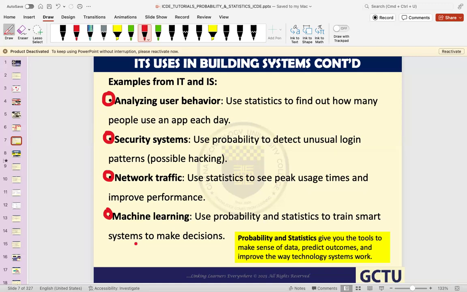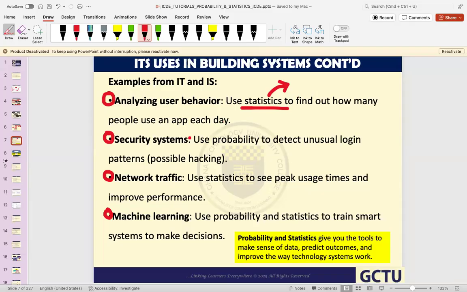Underneath all this, or the basics of all this, is that you can always use statistics to analyze user behavior. That is why we need to understand statistics, where we want to understand what has already happened or is happening.